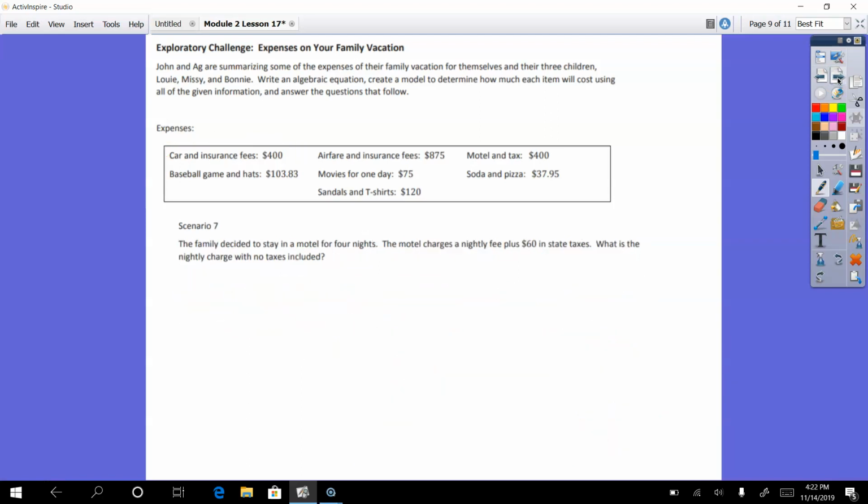In our final scenario, the family decided to stay in a motel for 4 nights. The motel charges a nightly fee plus $60 in state taxes. What is the nightly charge with no taxes included? Okay, so 4 days or 4 nights.